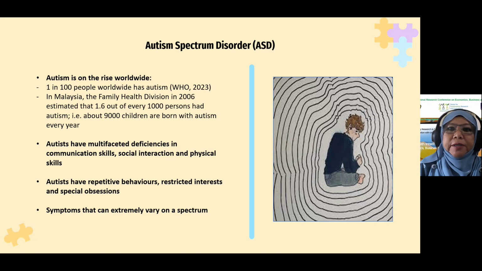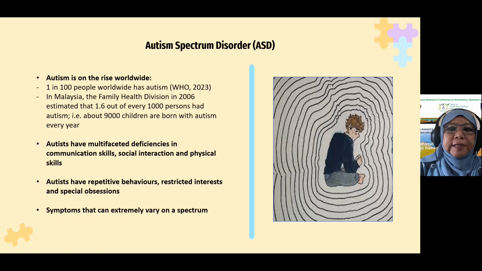And in Malaysia, in my country, the Family Health Division in 2006 estimated that 1.6 out of every 1,000 persons had autism, which means that about 9,000 children are born with autism every year. And this is a large number.